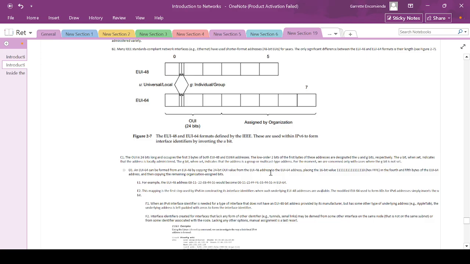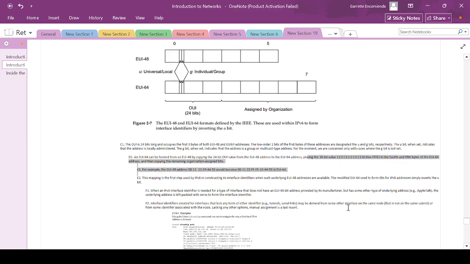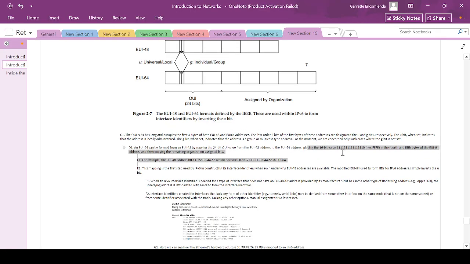Hold on, 48 plus 24. No, that's not actually right. Basically, it will form the EUI-64 address by placing the bit value 11111110, or hex FFFE, in the fourth and fifth bytes.